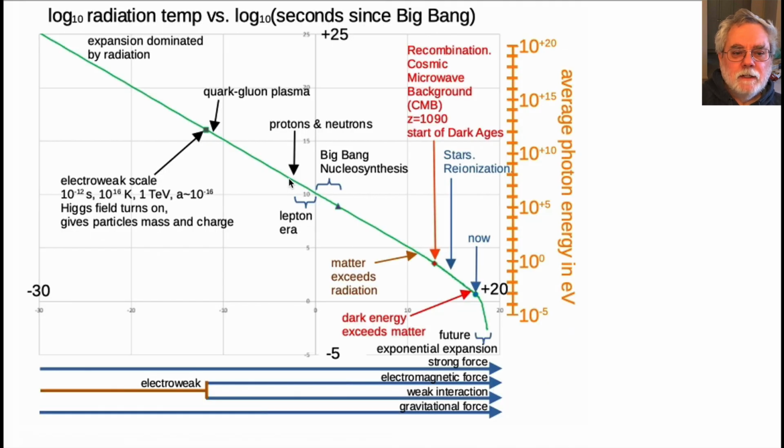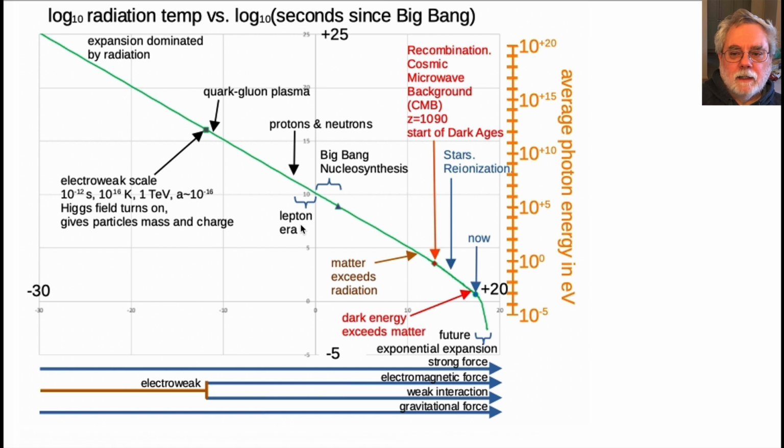From 10 to the minus 4 seconds to 1 second or 10 seconds is sometimes called the lepton era or lepton epoch, as the dominant ordinary matter particles were relativistic muons, electrons, and neutrinos and their antiparticles after most quarks and baryons annihilated and were no longer produced.